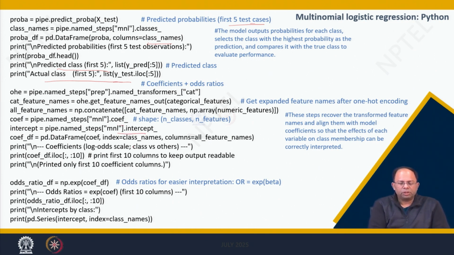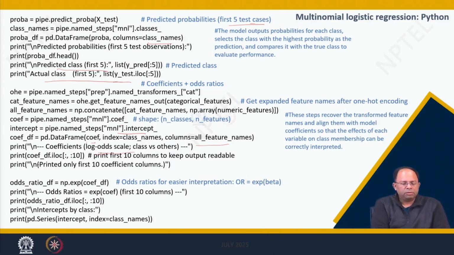Once we do that, we store it in a data frame, and then we are going to print it. So class names, columns, or first of all features are given along with the coefficient, and then we are printing coefficients along with log odds as scale, and this is being printed, and then we will see the results, of course.